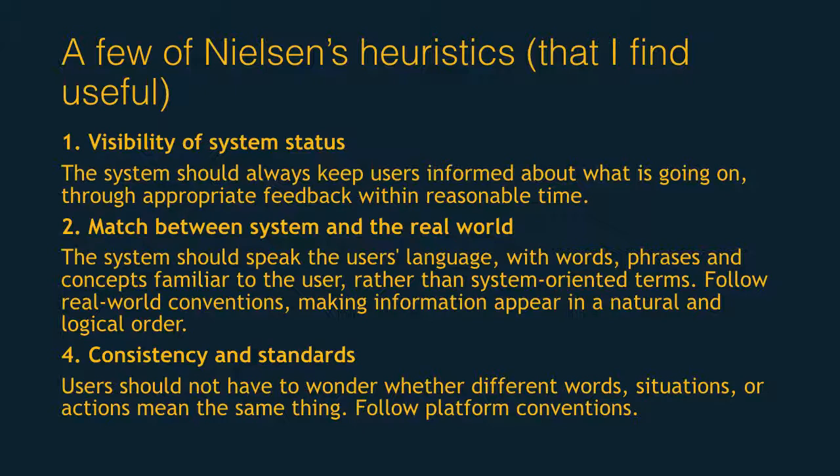And also, I like the second part of this match between the system and the real world. Follow real world conventions, making information appear in a natural and logical order. So, going back to the train toilet example, the fact that you have to use the buttons from right to left is not a logical and natural order for speakers of most European languages and many other languages.